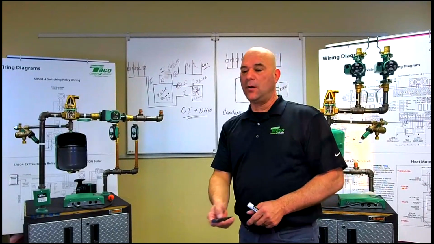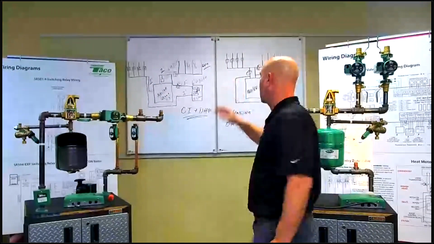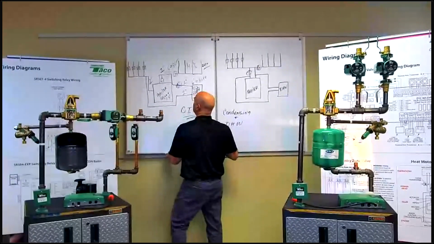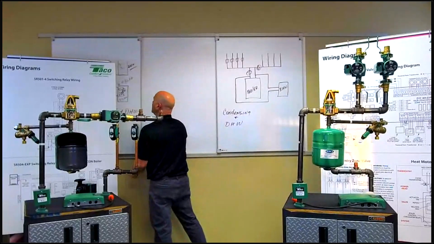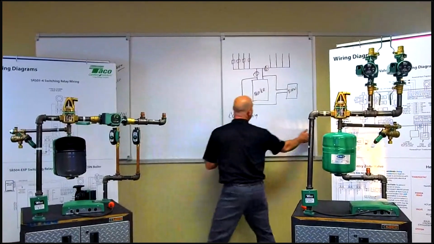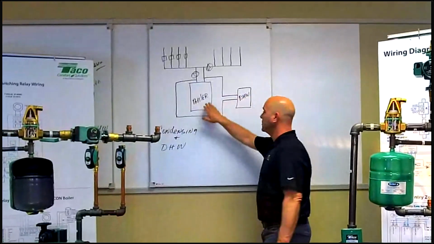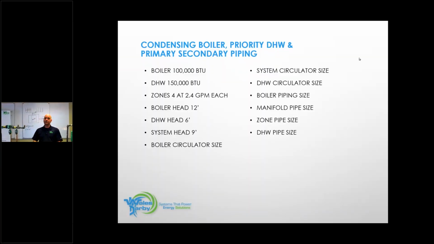Okay. So that's what it would look like for a cast iron type system. And then we also asked for a condensing type system. So here we have a condensing boiler. And in our scenario, this boiler is 100,000 BTU.